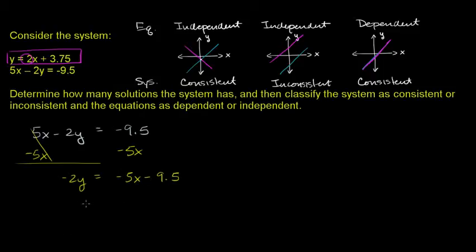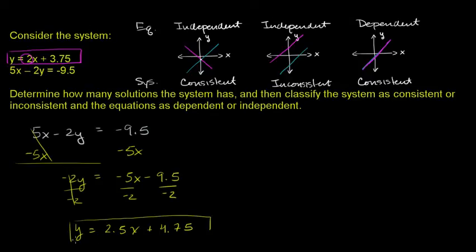Now I can divide all the terms by negative 2. And I get y is equal to negative 5 divided by negative 2, which is positive 2.5x, and then 9.5 divided by 2 is 4.75. The negatives cancel out, so plus 4.75. So I just rewrote the second equation in slope-intercept form.